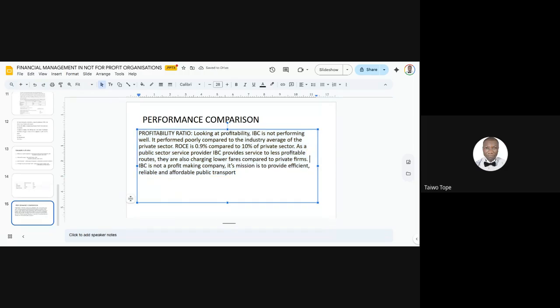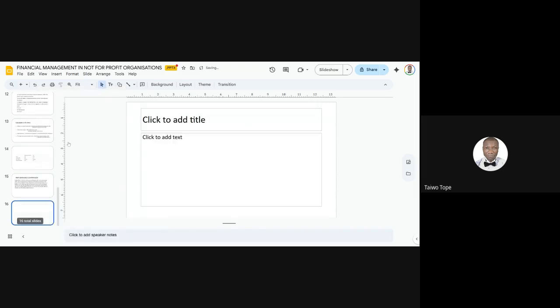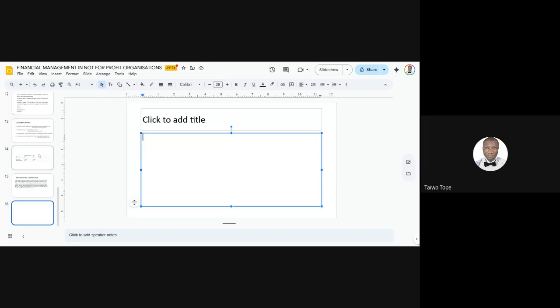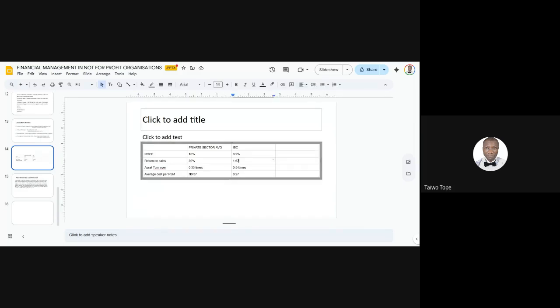So now the next is asset turnover. I might not put down anything regarding this, I'll just put the expressions in words. Also, sorry, this return on sales, I didn't actually capture it.